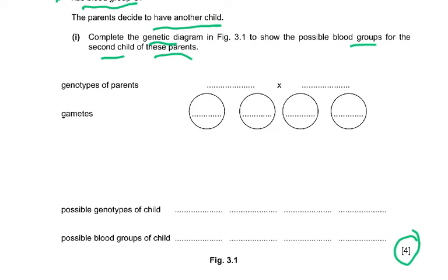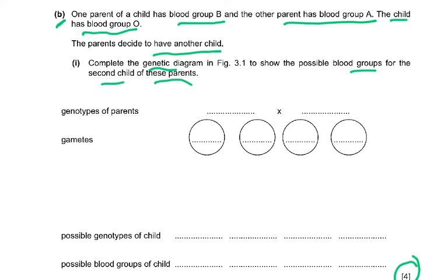So how do you do these genetics questions? You've got to understand what they told you in the question. They told you that one parent is group B and one parent is group A, but the child is O. So if you have to have IO, then the IO has to come from each parent.